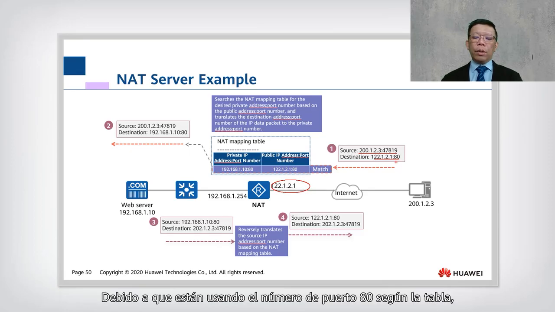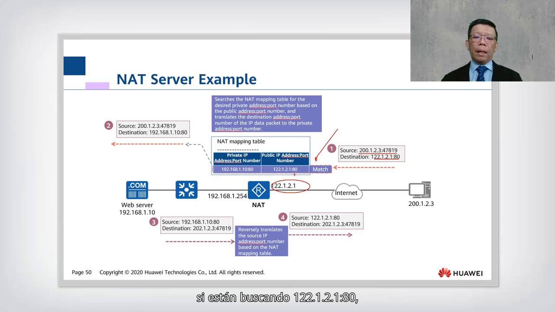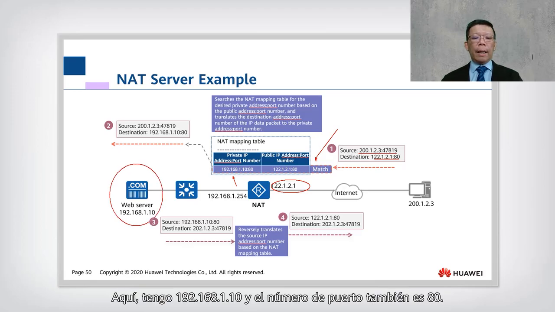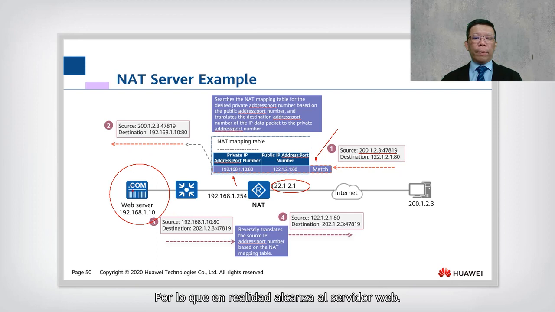Because you are using port 80, based on my table, if you are looking for my public IP port 80, I'm going to map it to 192.168.1.10:80, which is also port 80 internally. So it actually reaches the web server.